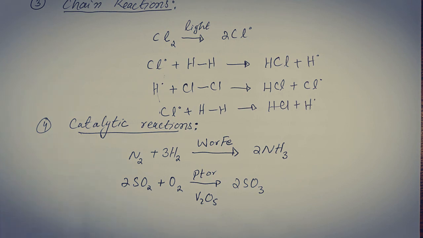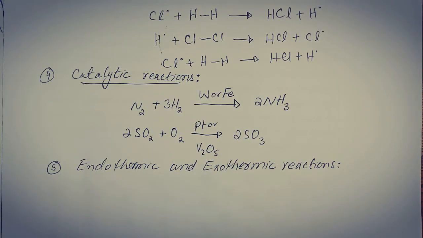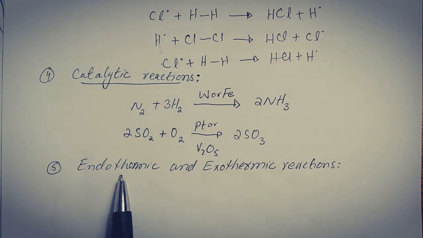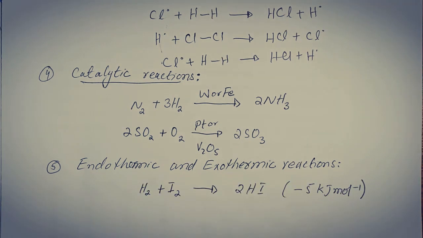So the other type is endothermic and exothermic reactions, involving the absorption or evolution of heat during the reactions. For example, for the reaction of hydrogen and iodine to generate hydrogen iodide, a constant supply of heat is required.